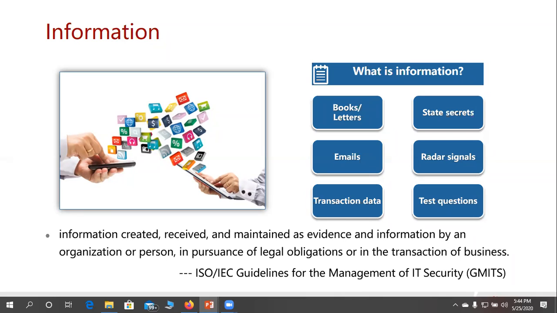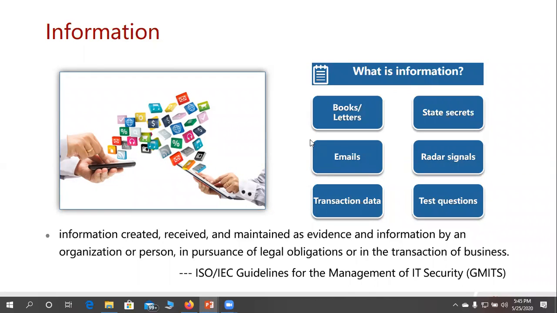Of course, we can have data. Okay. Data is something which doesn't make sense. But when data starts making sense, it becomes what we call information. Okay. So this is how it is.